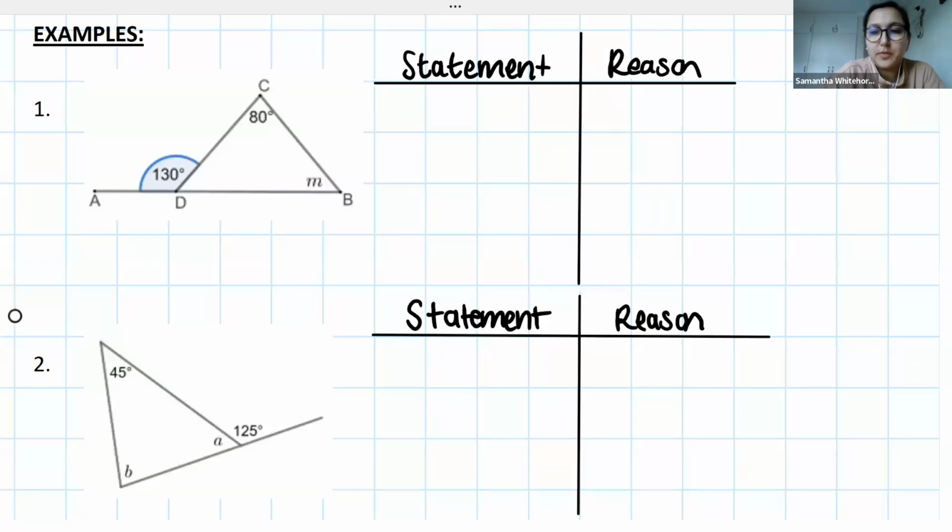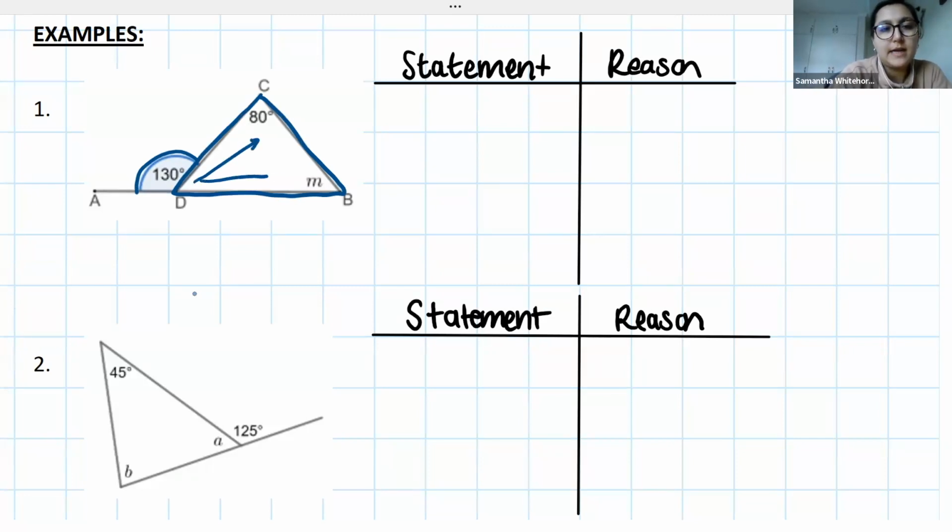Okie dokes, no problem. A lot of you have used the correct reason. There is a different way to do this, but exterior angles is definitely easier. If you have a look here, triangle CDB has an exterior angle of 130 degrees. So we know that if we add 80 and M, we must get 130.